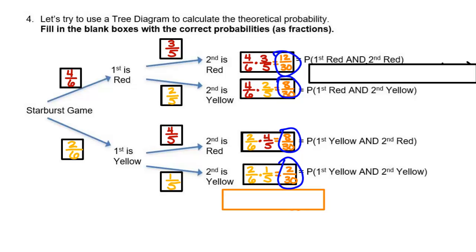This can't happen at the same time as that. I want you to add those 4 up. What happens when you add those 4 probabilities together? You get 30 out of 30, or 100%. It is a 100% probability that one of these 4 outcomes happens.